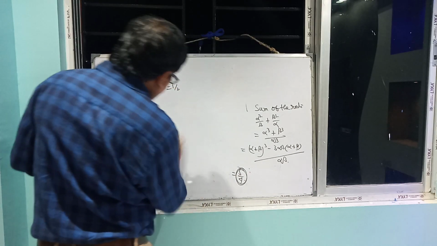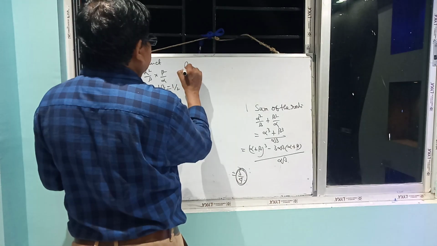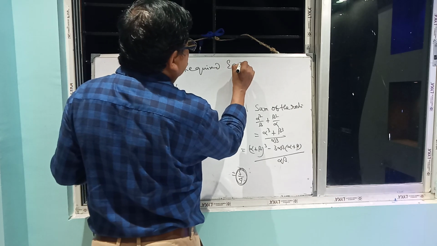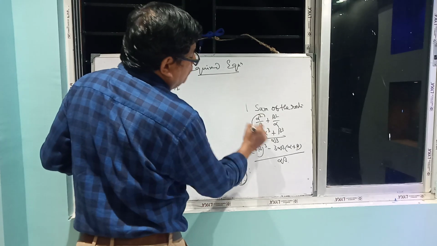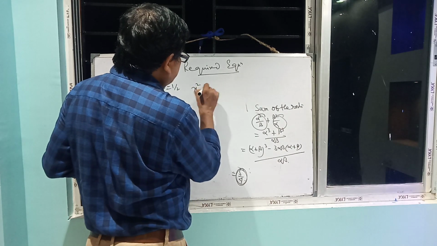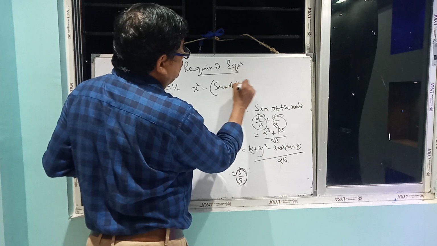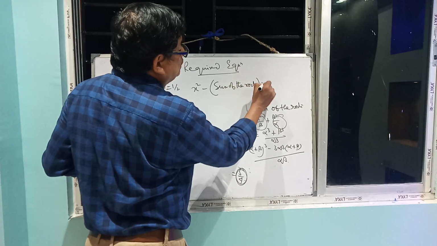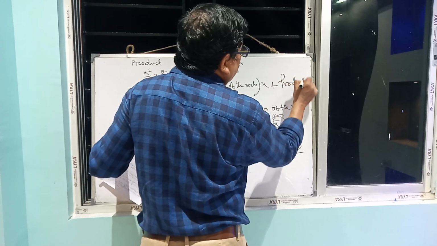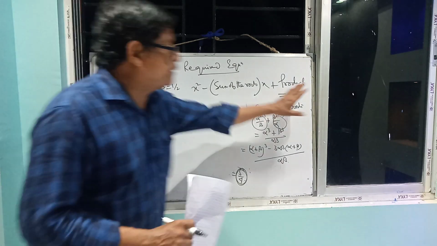Okay? So the equation is required, right? The equation whose roots are alpha square by beta and beta square by alpha. We can write x square minus sum of the roots times x plus product equal to 0. Many of the students forget to write the 0.